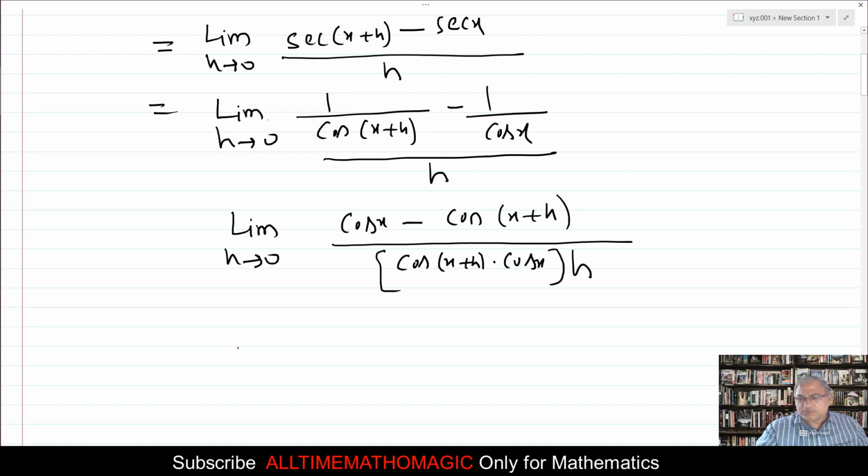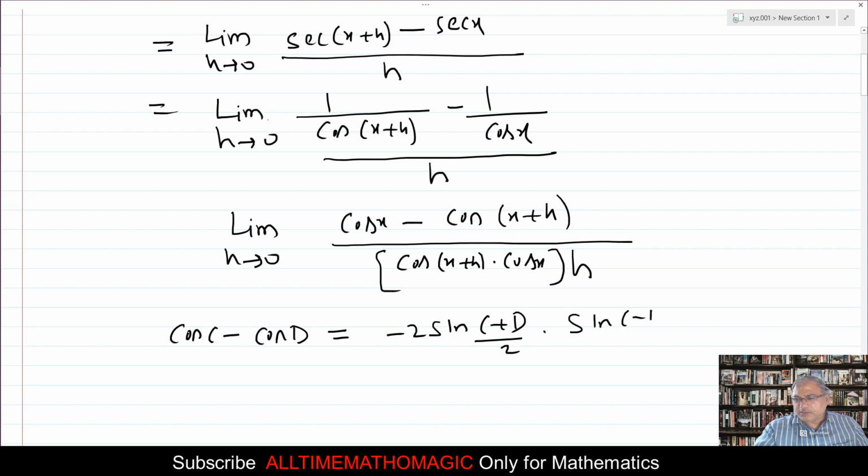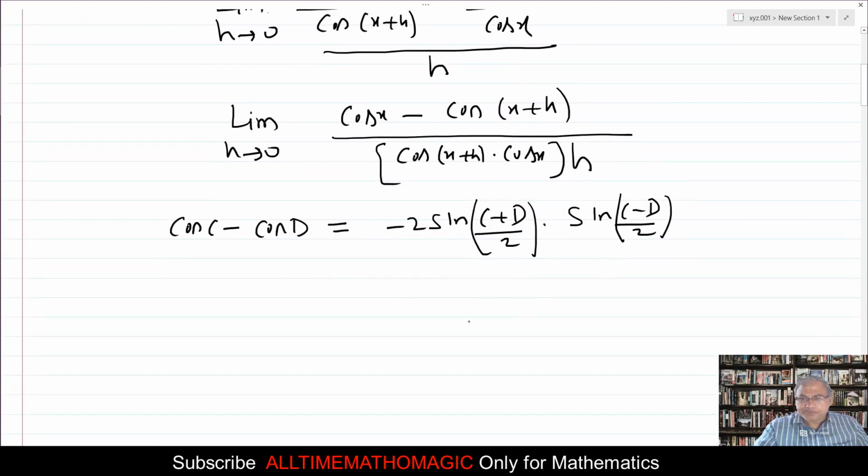upon h. Now cos C minus cos D equals minus 2 sin of (C plus D) by 2 sin of (C minus D) by 2. This is a trigonometric formula.